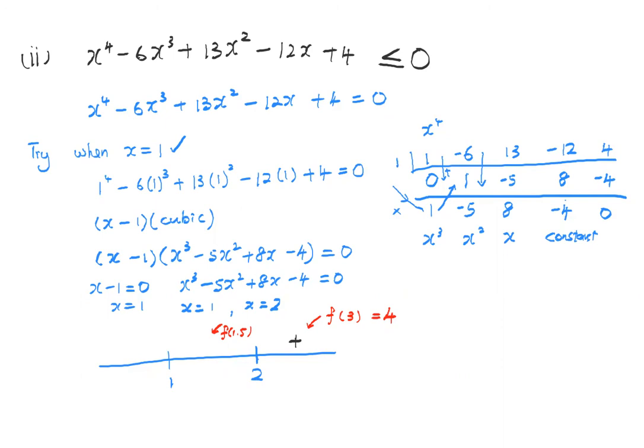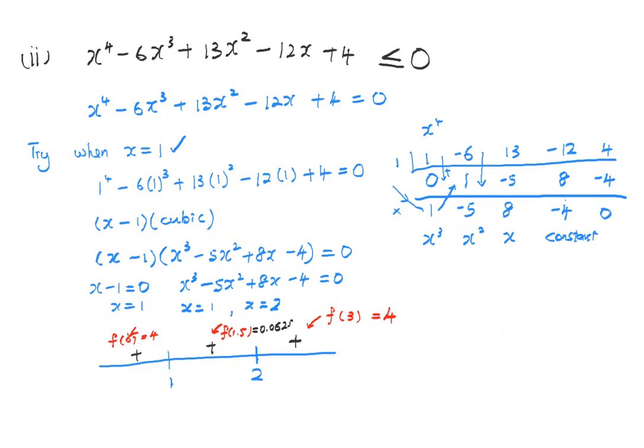You got positive also, you got 0.0625. Am I right? Yeah, so you got positive also. Now for this other region, I'm going to use f(0). That is the easiest. So I get 4. So it's positive also.